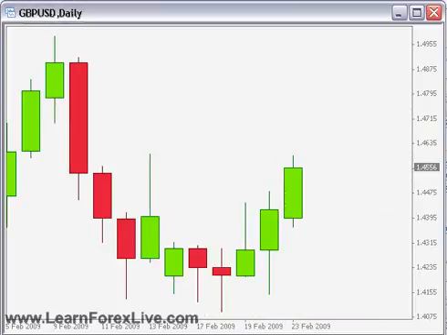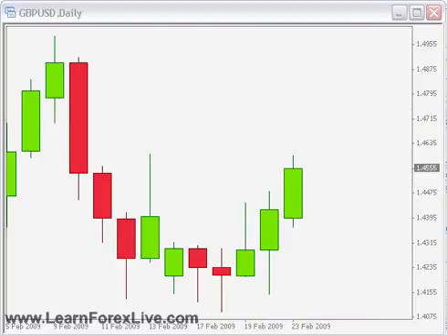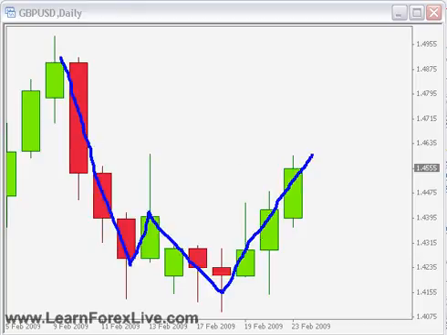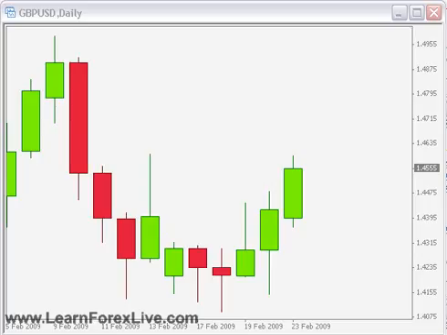There it is. Again, we can see exactly the same type of W formation, and we get the same 4 pieces of information: the open, the close. Remember, in the bar chart we got the open for the day, the close for the day, the high, and the low.